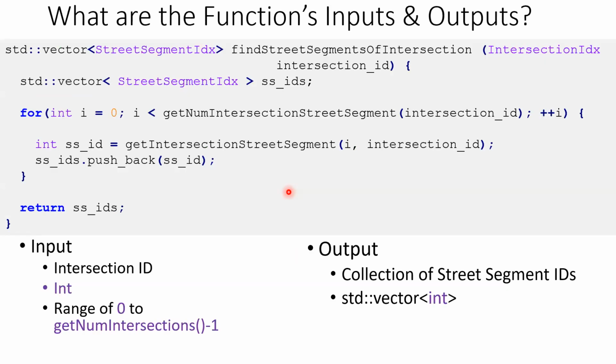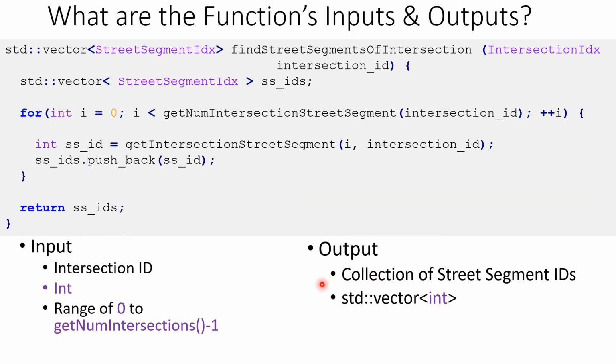The input will be a single integer, the intersection ID, which ranges from 0 to the number of intersections minus 1. The output will contain a collection of street segment IDs in the form of a vector of integers.